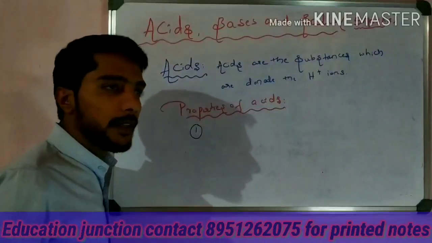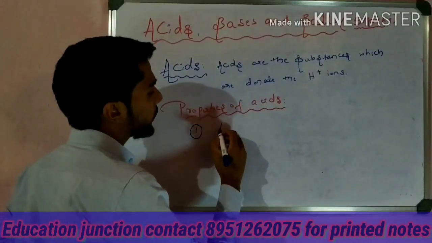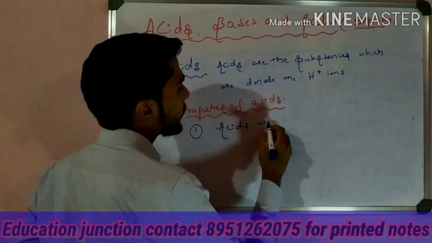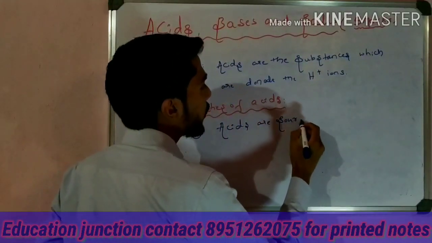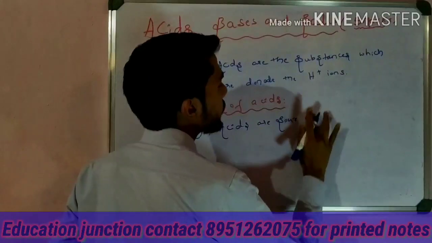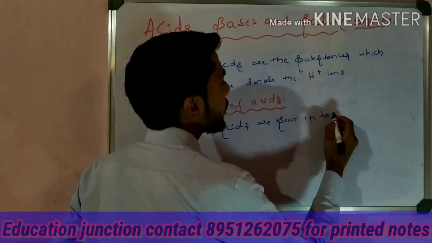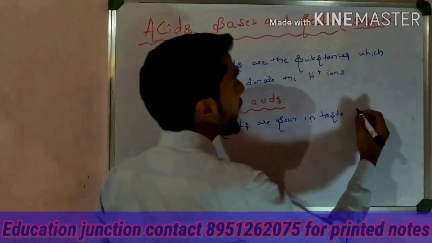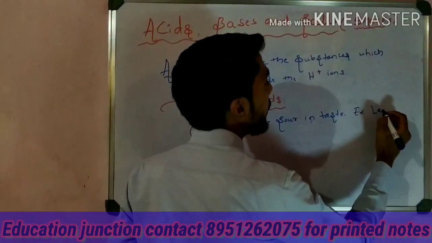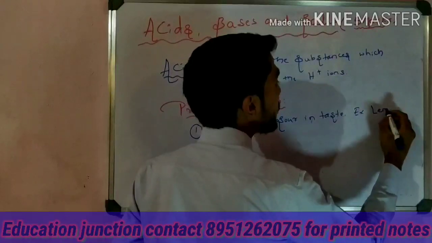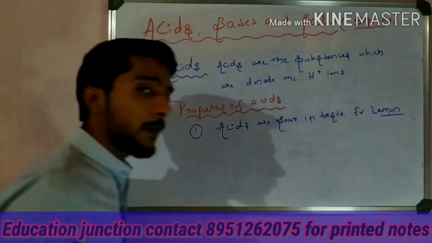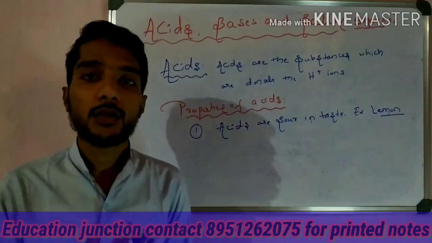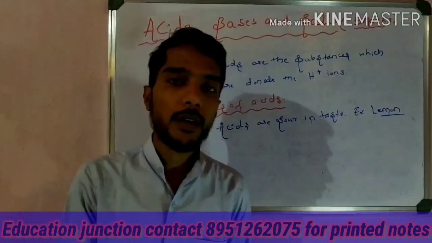Take another property: acids are sour in taste. For example, I take lemon. Lemon is one type of natural acid. We know the taste of lemon, it is sour. So acids are sour in taste. That is one property of acids.